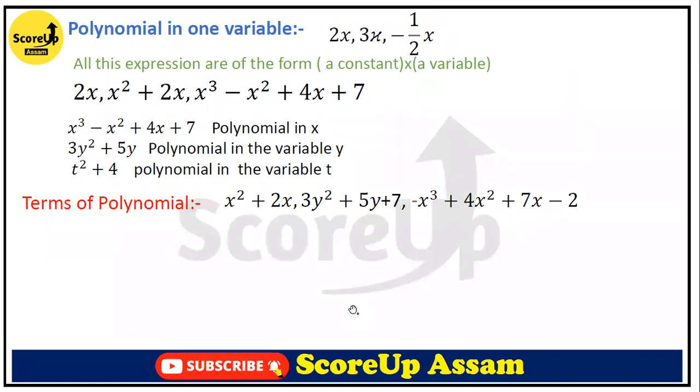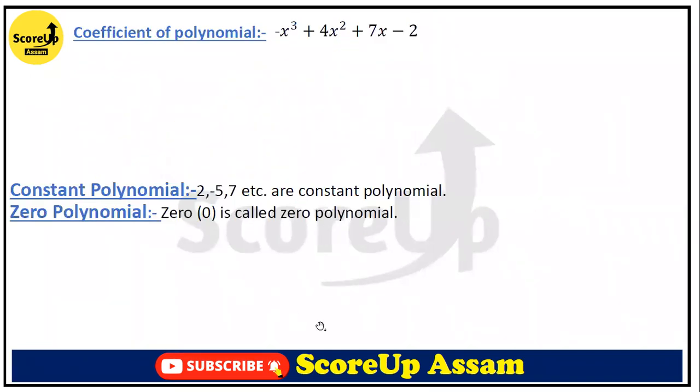The next topic is the coefficient of a polynomial. Suppose this is a polynomial. Now what is the coefficient of x? 7. Coefficient of x square is 4. Coefficient of x cube is minus 1. Okay.